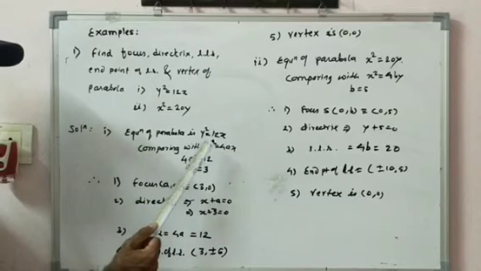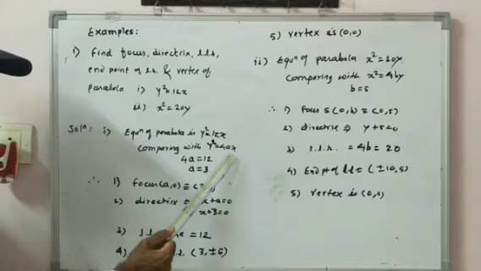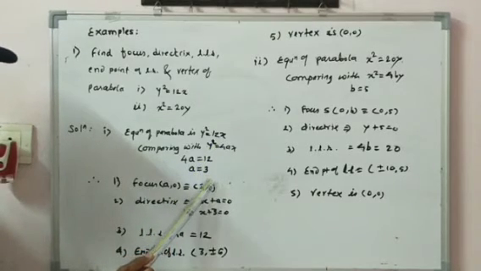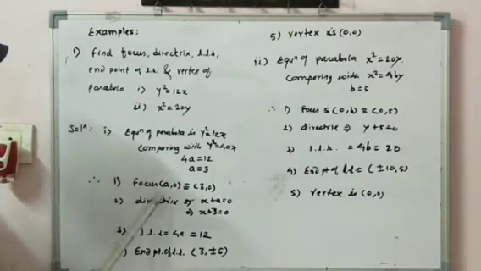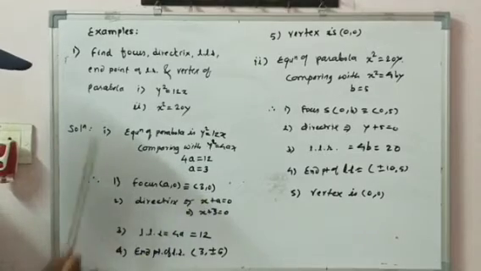Compare with the standard equation of the parabola, y square is equal to 4ax. That is 4a is equal to 12 and a is equal to 3. Once we find a, then we know the features. Here the focus of this parabola, symmetry about the x-axis, is (a, 0), put the value of a as 3, that is (3, 0).